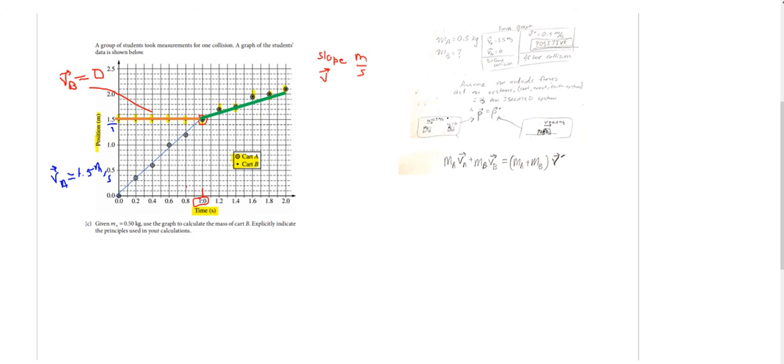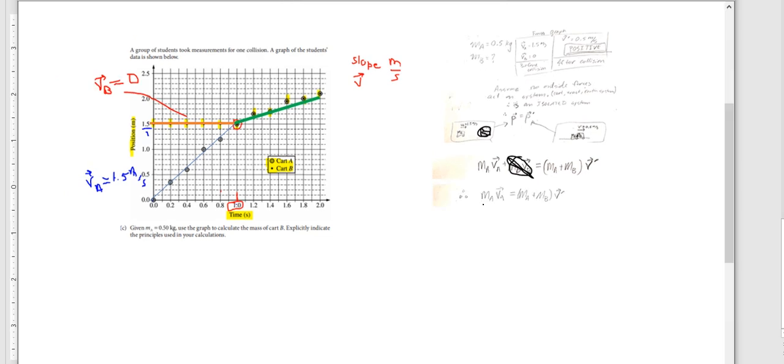Okay, so I hope you can see this. Since I've drawn my pictures, the momentum before would be the mass of cart A times velocity of cart A, plus mass of cart B and velocity of cart B, but B is at rest. This is all 0, V_B is 0. So I'm just going to put the Ghostbusters no smoking sign over this.